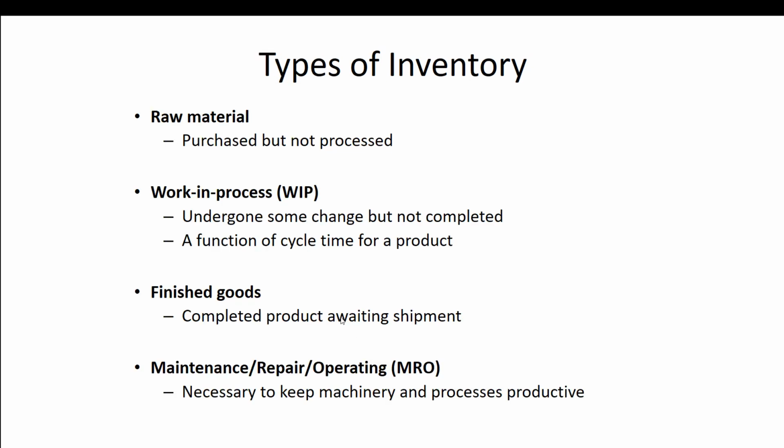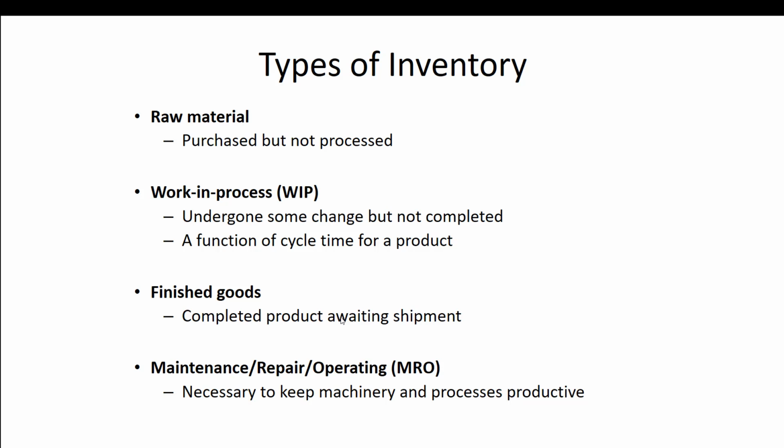All right, next we're going to talk briefly about the types of inventory. We start off with raw material, and if you want to think about baking bread, flour is cheap. And then work in progress. As we put labor and overhead into our products, the more time it spends in our facility, the more labor we spend manipulating that, baking the bread, mixing the batter, whatever you're going to do with your flour, it becomes more and more expensive.